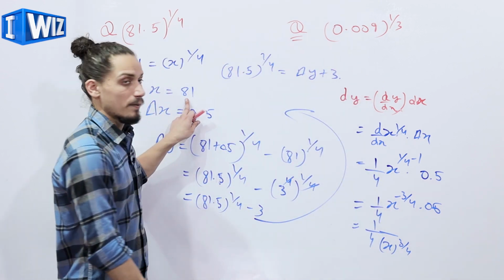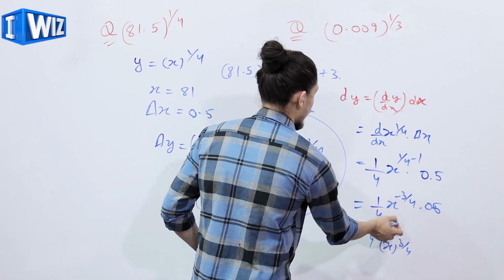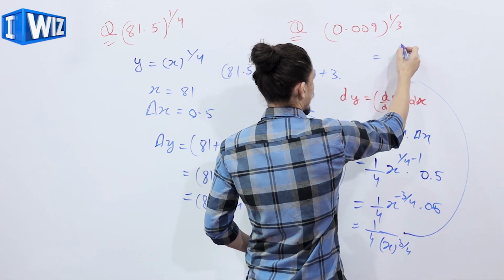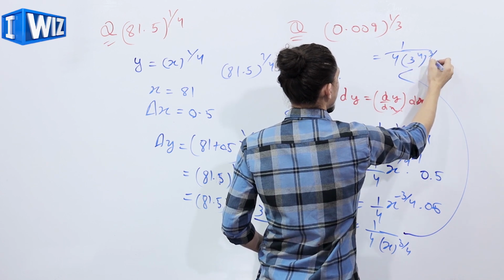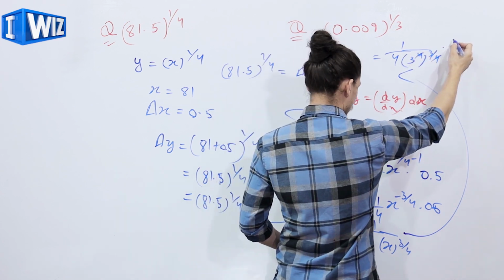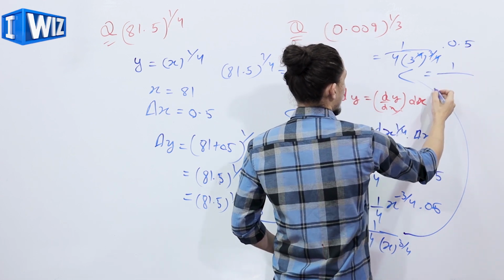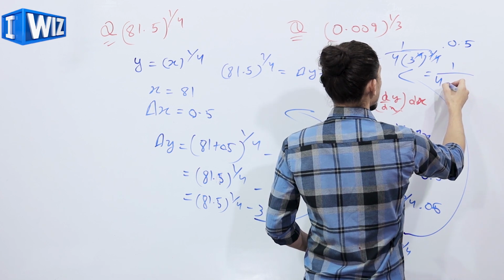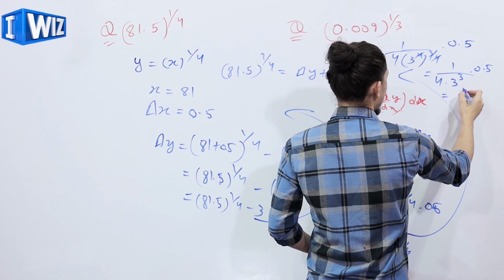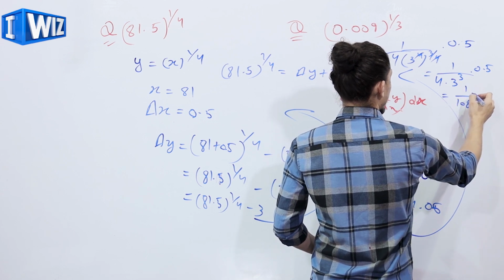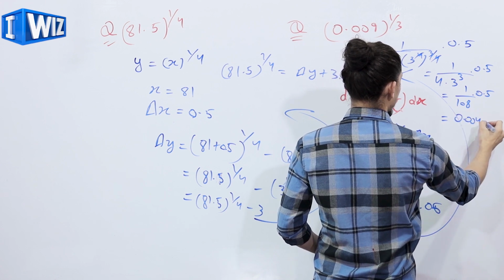Now what is the value of x, we have 81, and 81 can be written as 3 raised to power 4. So I can write it as 1 by 4 into 3 raised to power 4 raised to power 3 by 4. The 4s cancel, into 0.5, which is equal to 1/4 into 3 raised to power 3 into 0.5, which is equal to 1/108 into 0.5, which is equal to 0.0046.